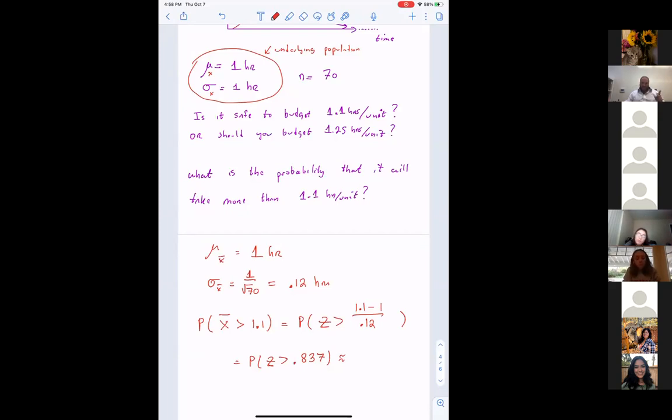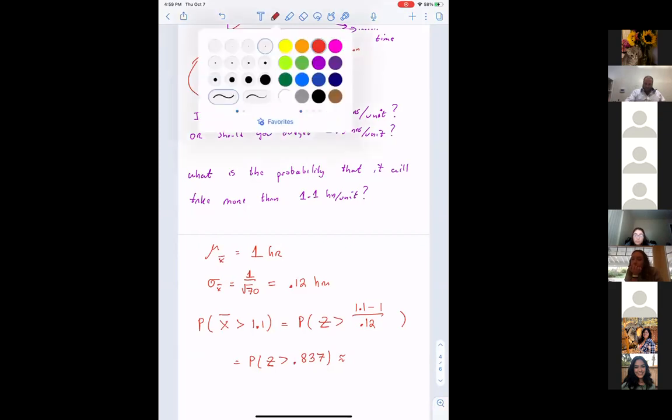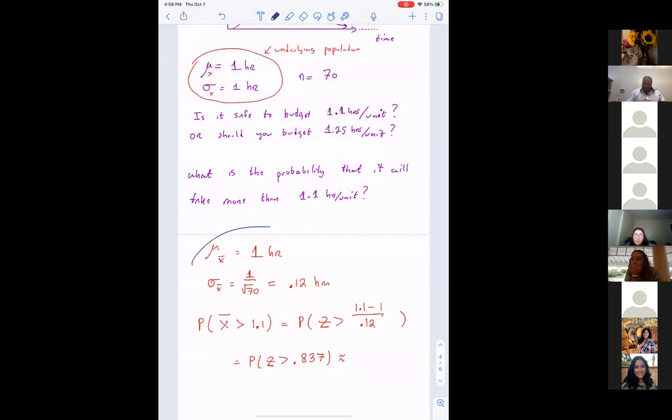If you're going to use 1 and 0.2, then you are using the original data. You're not using the new data. You're still in the original, which is fine. In that case, your lower would not be 0.837. Your lower will be what? If you use the original data, what's your lower going to be? 1.1, because it's 1.1 and above.